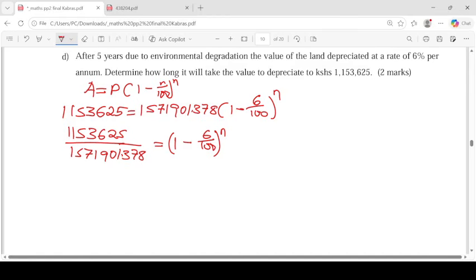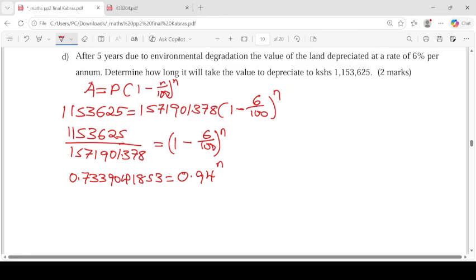This value here is 0.7339041853, which is equivalent to 1 minus 6 over 100, that is 0.94, to the power n. So this is 0.94 to the power of n.